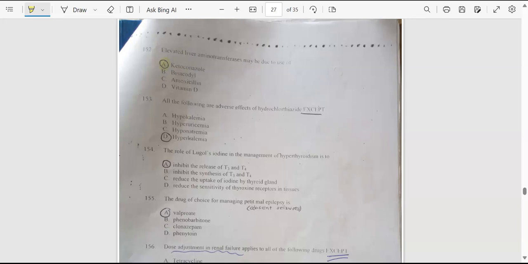I think even methotrexate, even NSAIDs, and tolcapone. Yeah, a lot of drugs cause hepatotoxicity.